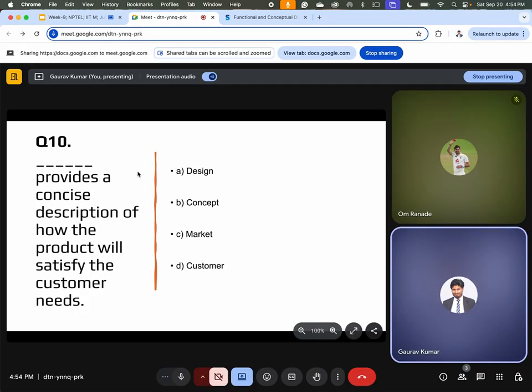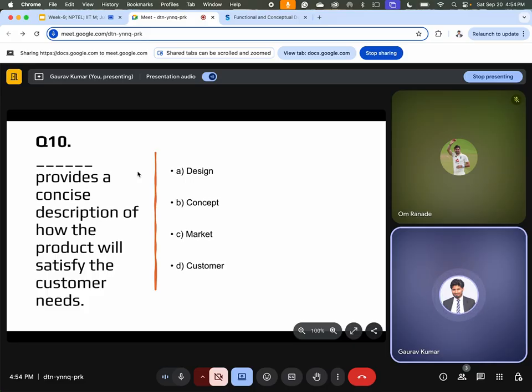A strong concept balances functionality, usability and feasibility before resources are invested in detailed design. Unlike design, which refers to the implementation phase, the concept phase is about capturing the essence of these solutions, and it expresses the intended benefit and functional promises in simple, communicable terms.